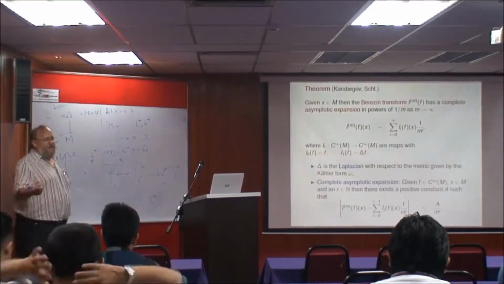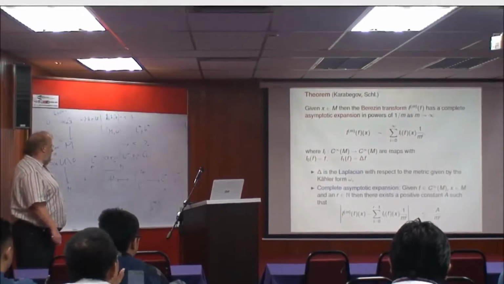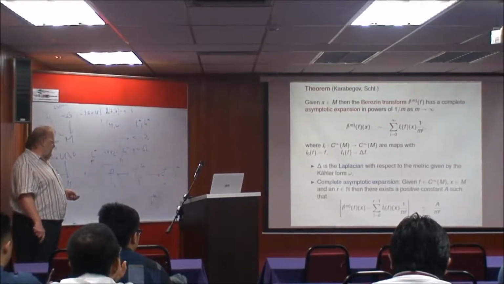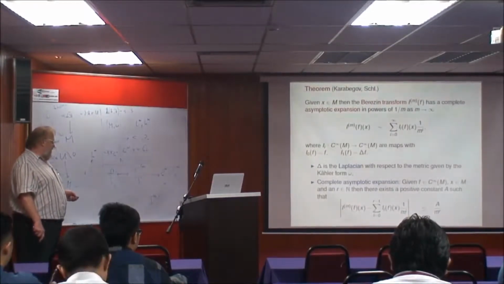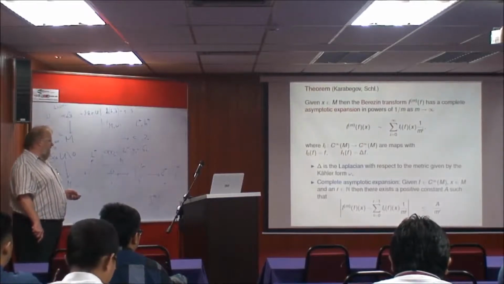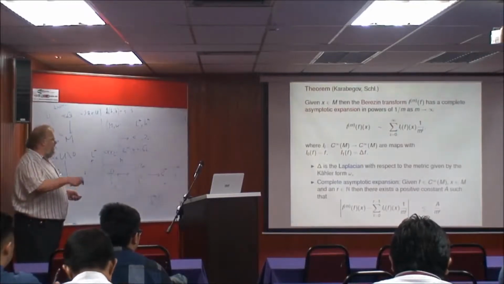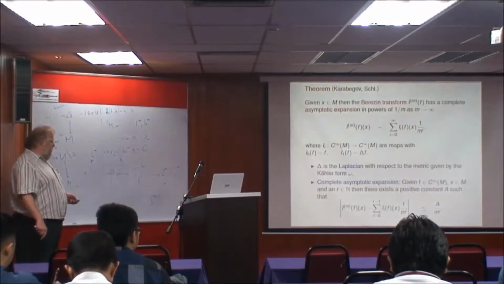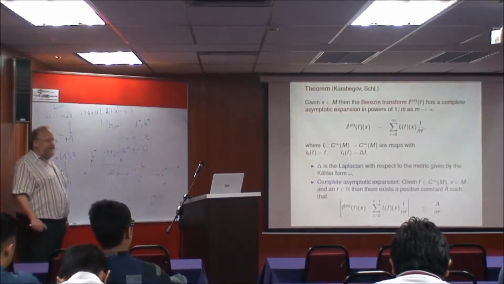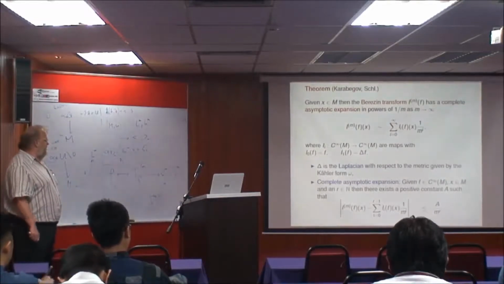You see, we have the Kähler form, we have the metric, we have to take this with this. Then, what complete asymptotic expansion means is that we have this sequence, and we can approximate this up to any order in powers of 1 over m. So this means this complete asymptotic expansion.